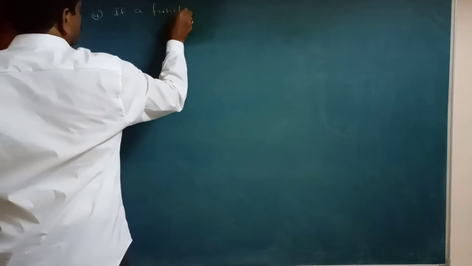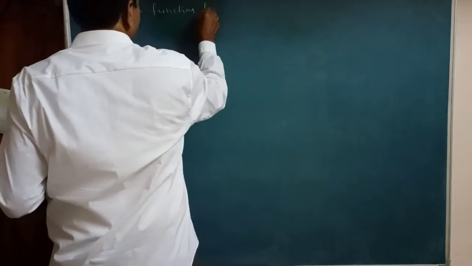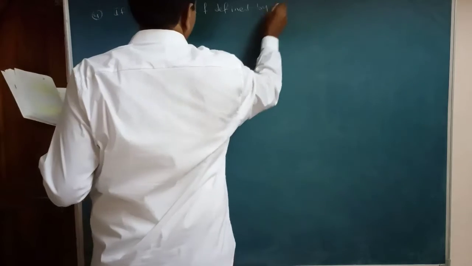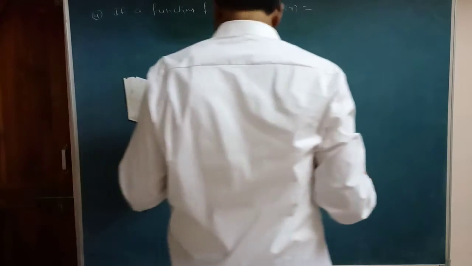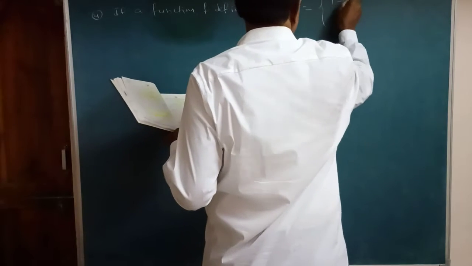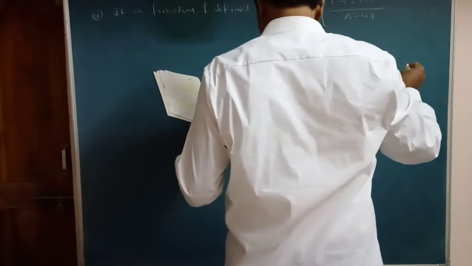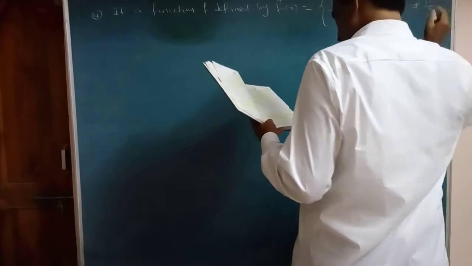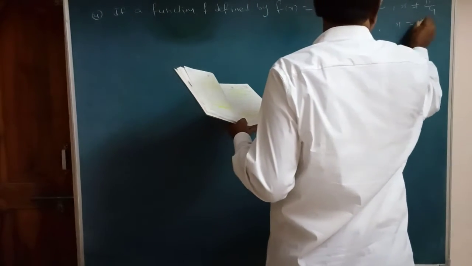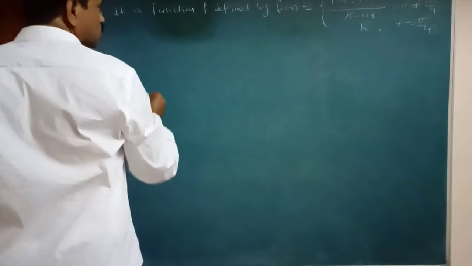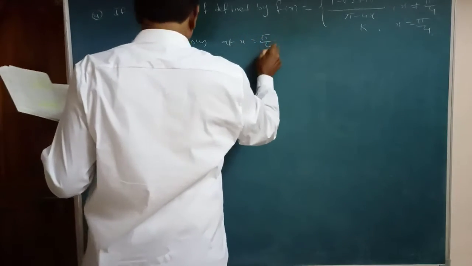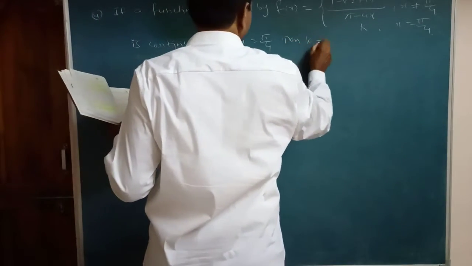Fourth one. If a function f defined by f of x equal to (1 minus root 2 sin x) divided by (5 minus 4x), here x not equal to pi by 4, and it is k when x equal to pi by 4, is continuous at x equal to pi by 4, then k equal to dash.